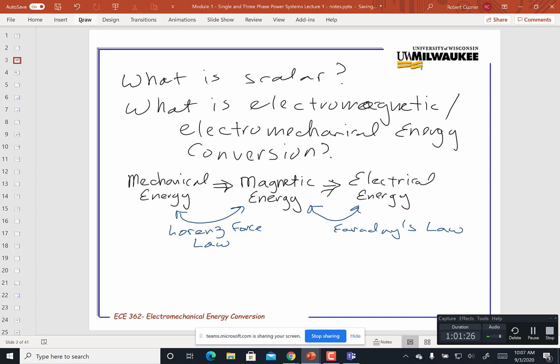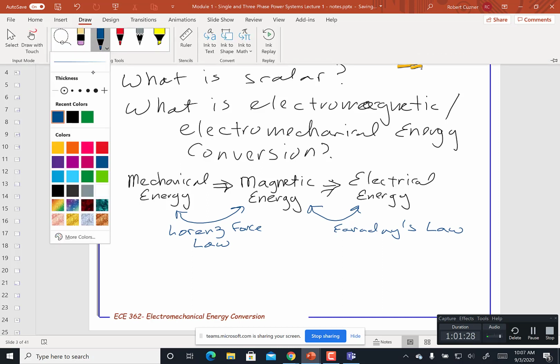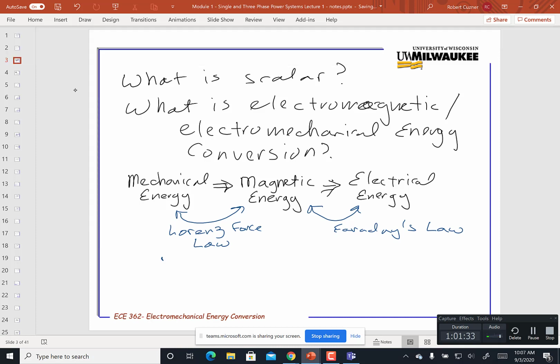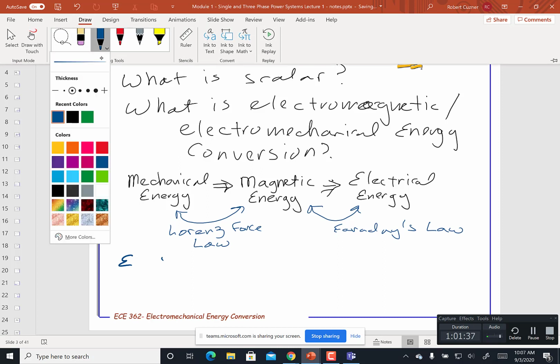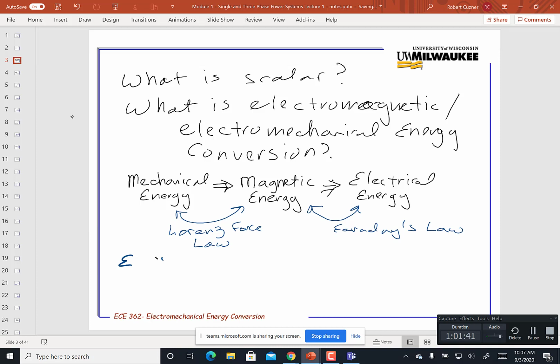So there's another way to look at electromechanical energy, and that's where we have electrical. You can also start with electrical energy. You can go the other direction. We can convert the electrical energy into magnetic energy.